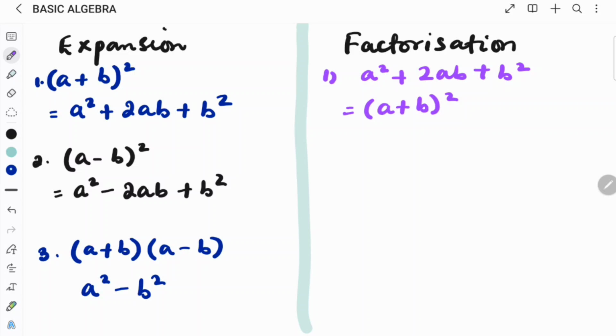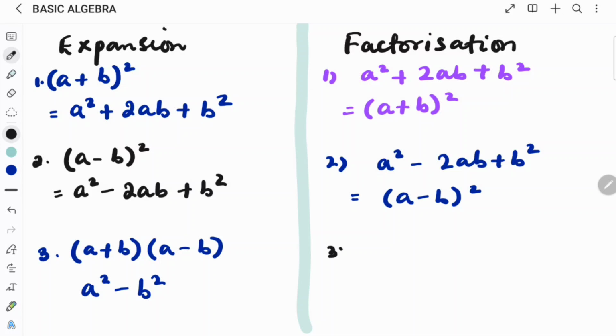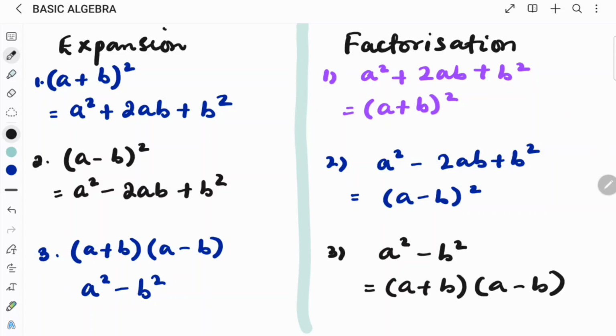In the second one, if you have a square minus 2ab plus b square, the factorization answer is (a minus b) whole square. And the third one is the difference of two perfect squares: a square minus b square is equal to (a plus b) and (a minus b). This was the identity.